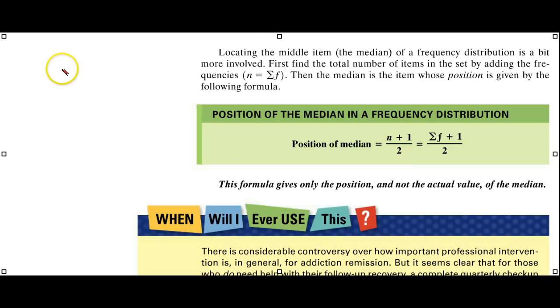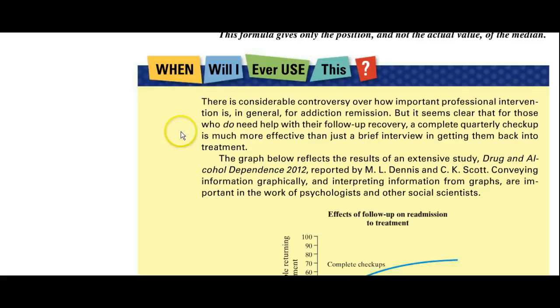If you had, let's say, 50 altogether, it would be between the 25th and 26th, and you would find the position of it. That would be the median. And we'll see an example.